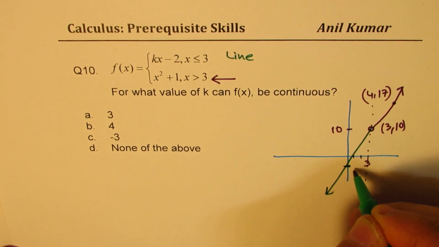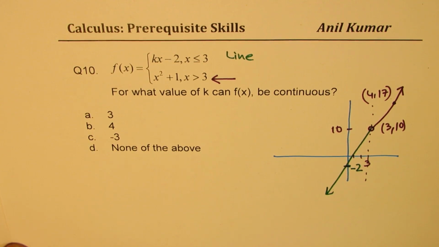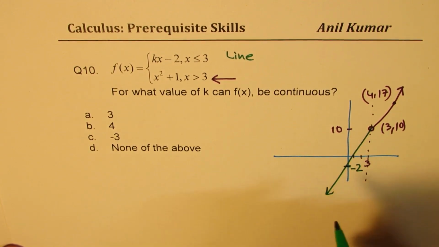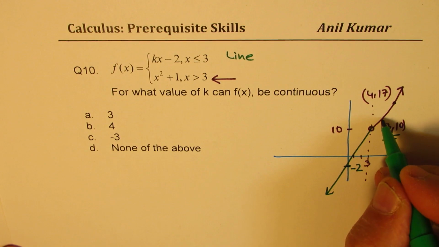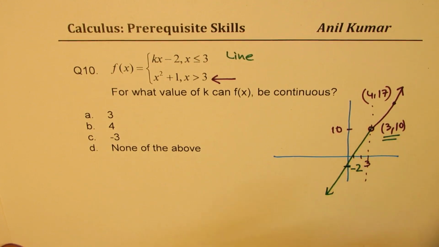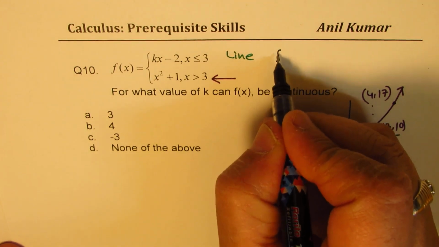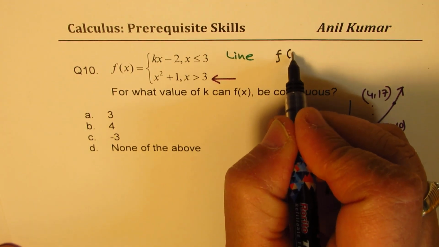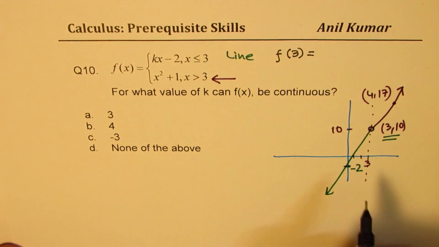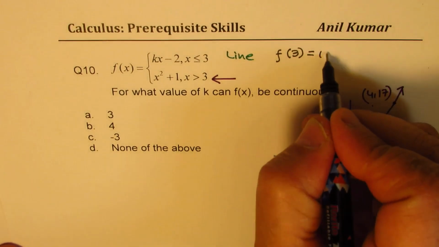Do you see that part? So this is at minus 2. So this is the concept. The line should have the point (3, 10) on it, correct? So from here it is clear that the value of the function at 3 should be equal to 10.